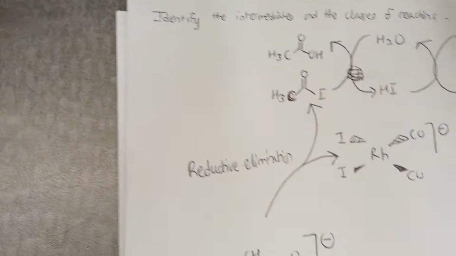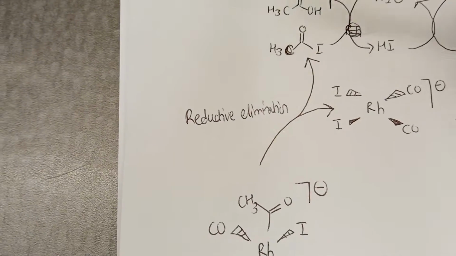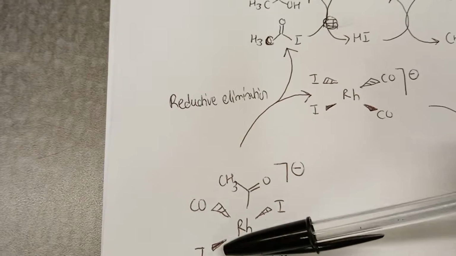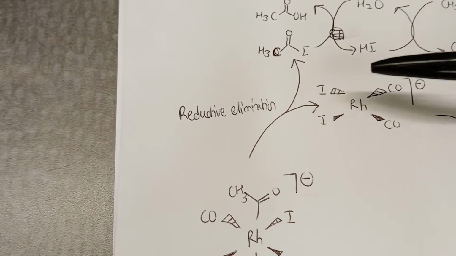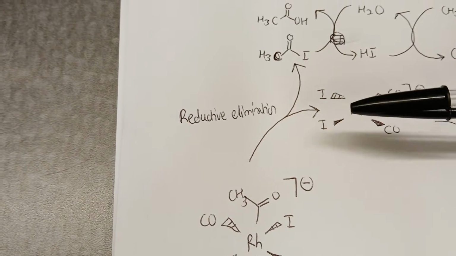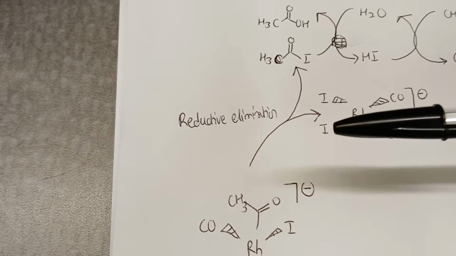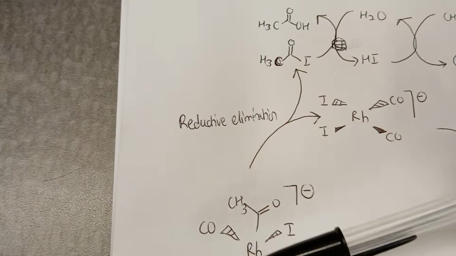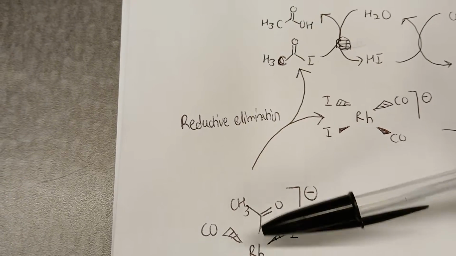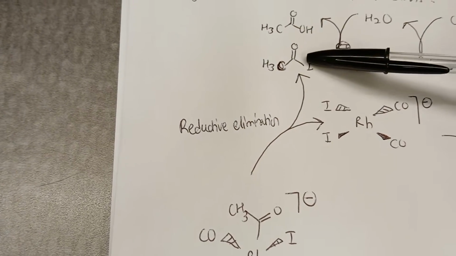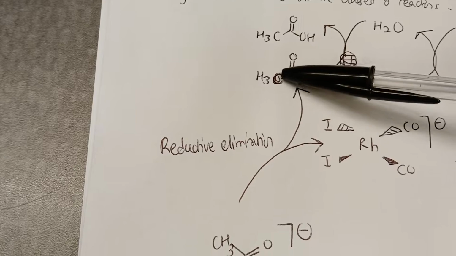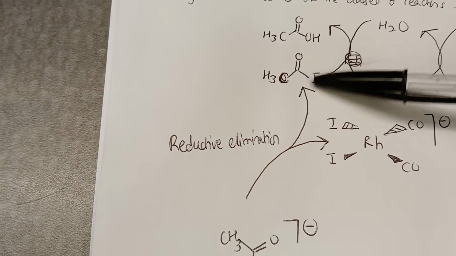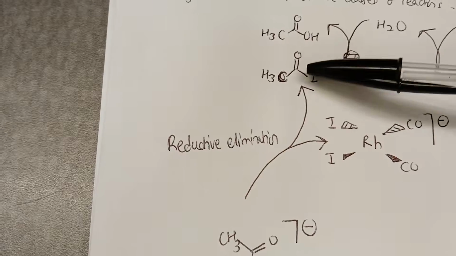It's a reductive elimination because there's the loss of electrons from the metal center, that's why it's reductive. And there's the elimination of two ligands from the metal center. In this case, it's the acetyl group that we were looking at, and then it's also the iodide that we were looking at.